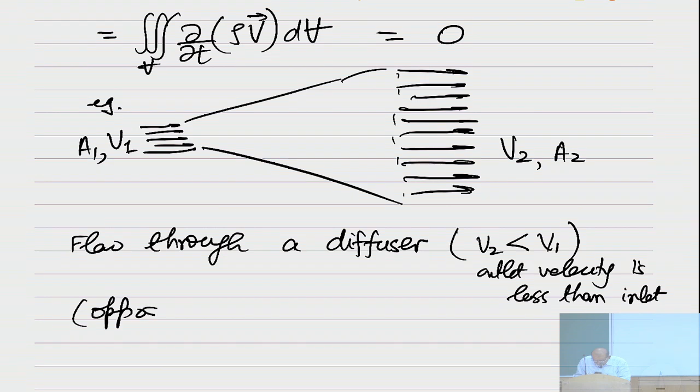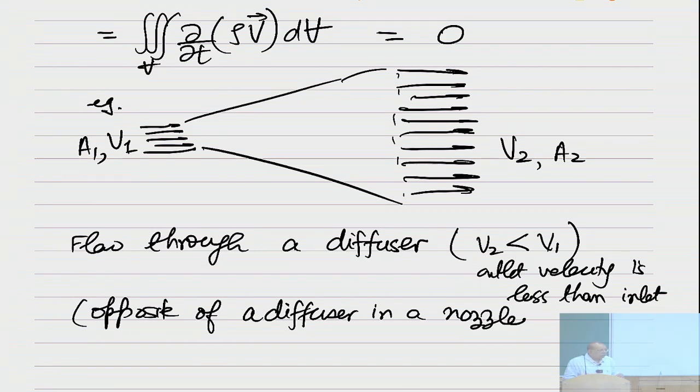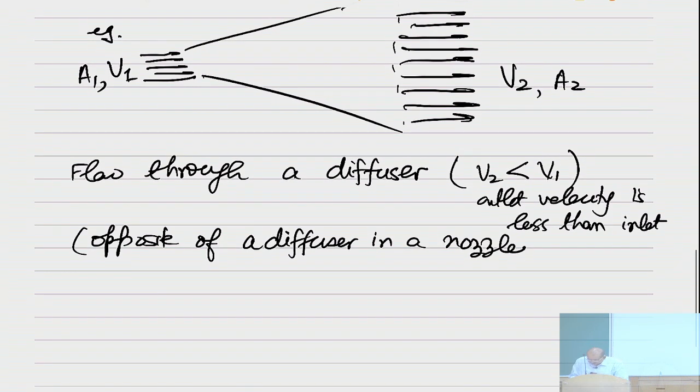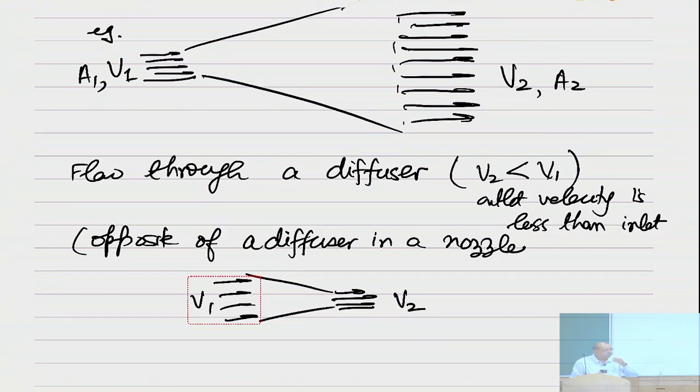And the opposite of a diffuser is what we call a nozzle, which would be something like this. This is V1, this is V2.